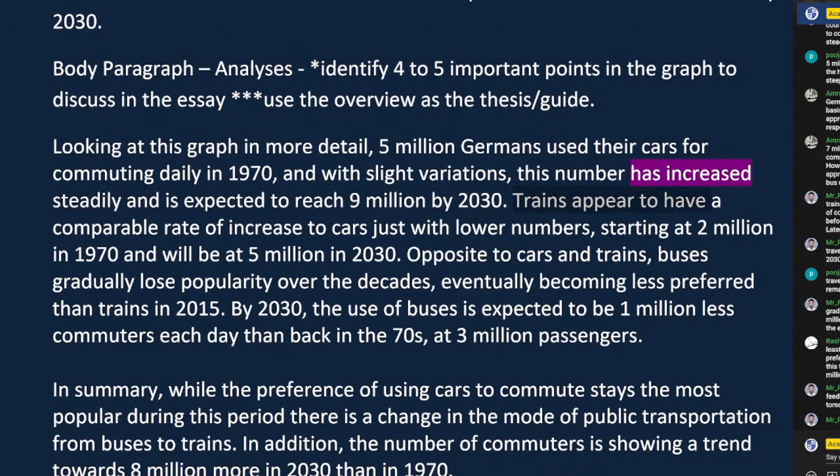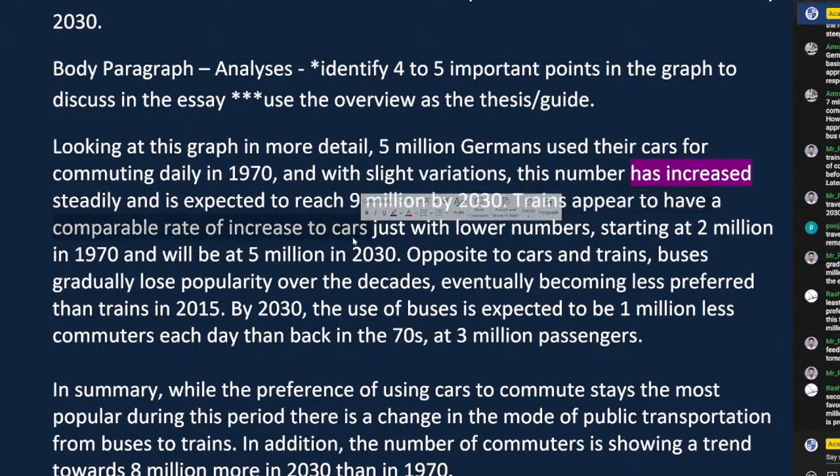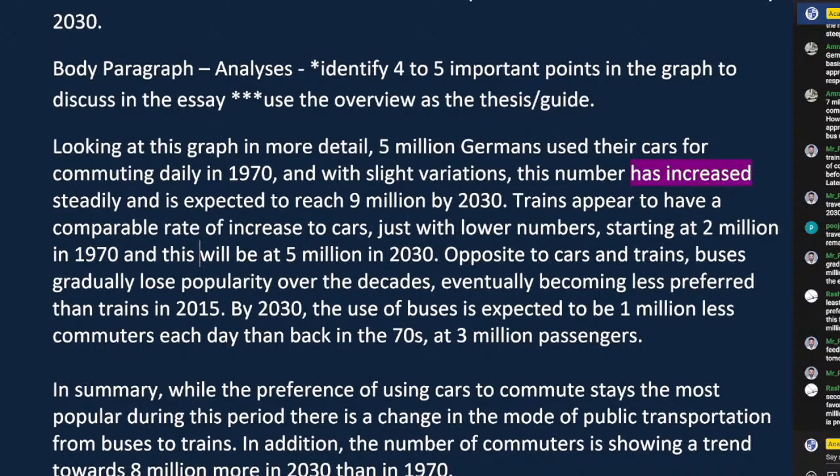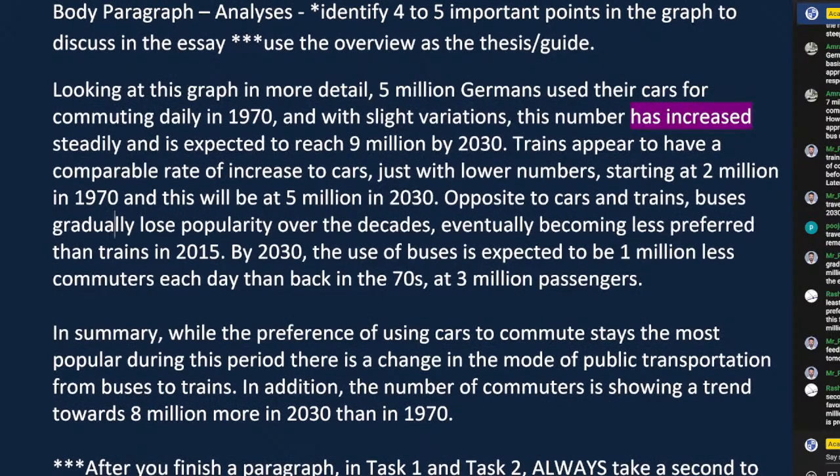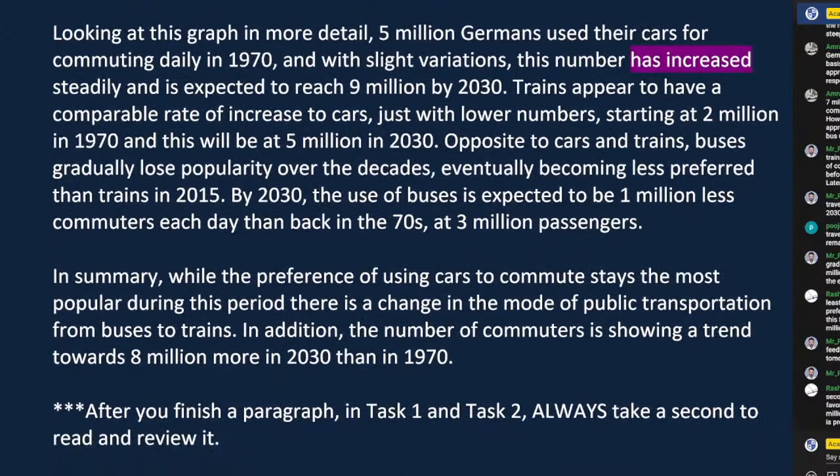Trains appear to have a comparable rate of increase to cars, just with lower numbers, starting at 2 million in 1970, and this will be at 5 million in 2030. Opposite to cars and trains, buses gradually lose popularity over the decades, eventually becoming less preferred than trains in 2015. By 2030, the use of buses is expected to be 1 million less commuters each day than back in the 70s, at 3 million passengers.